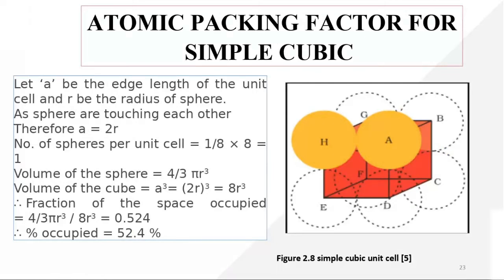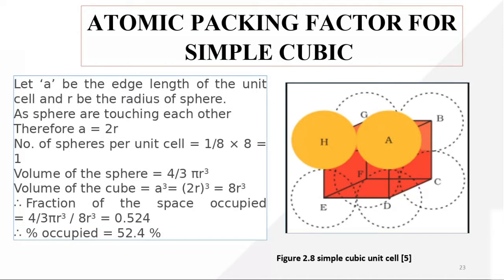So here is the atomic packing factor for simple cubic. Here you can see the figure of the simple cubic unit cell, and these are the atoms A and H present at the corners.